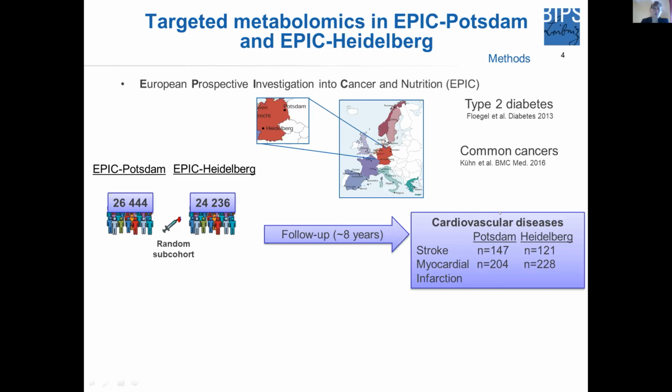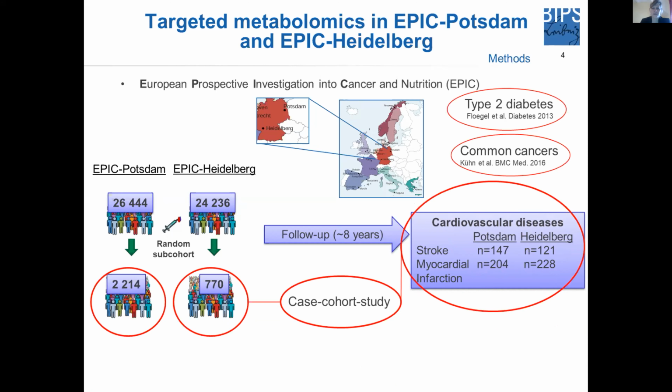And now when we want to do metabolomics in these large cohorts, unfortunately, we cannot measure the full cohorts because it is just really expensive. So what we did is we drew random subcohorts in each cohort, and then we created a so-called case-cohort study. This means we have all the incident cases of the full cohort, and we use the random subcohorts as control group.